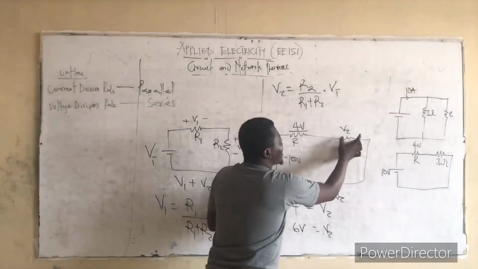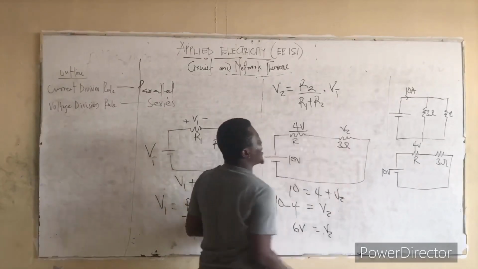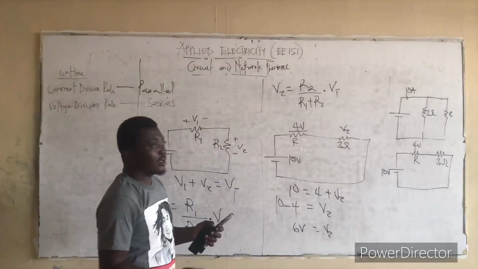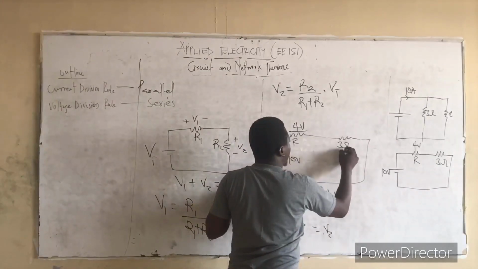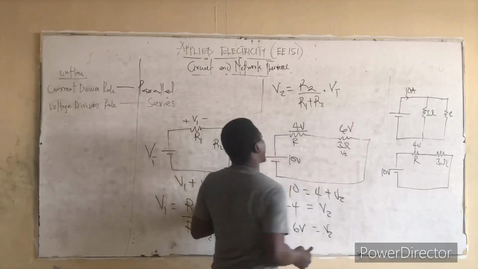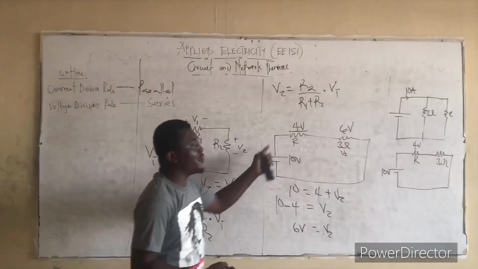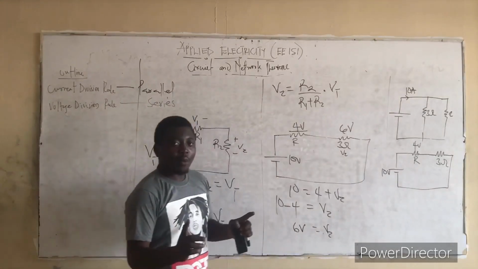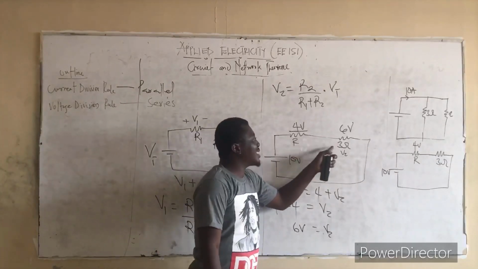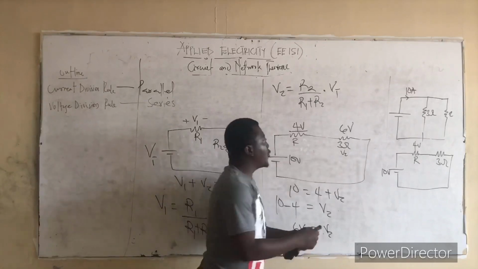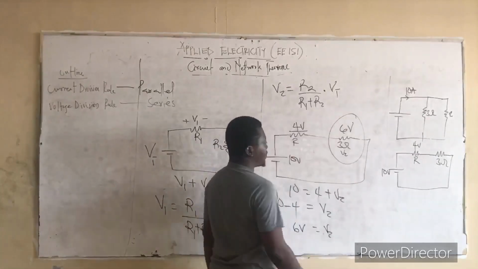So it means that the voltage across this is what? 6 volts. This is 4 volts. And this is going to give us V2, so 6 volts. Do you know the current moving through the circuit? No. But since we know that the voltage across this is 6 volts and the resistance is 3 ohms, we can use Ohm's law.